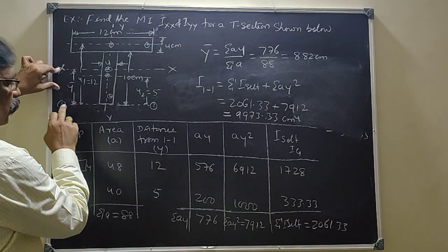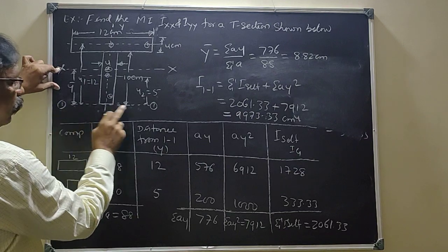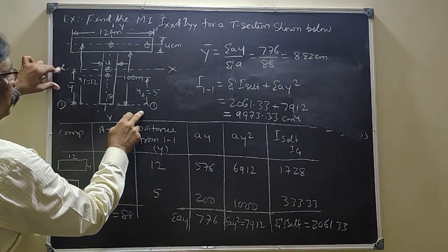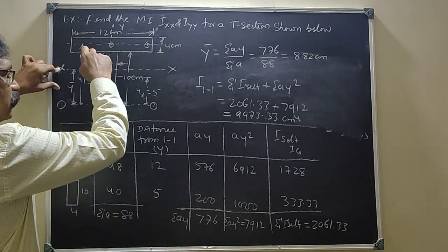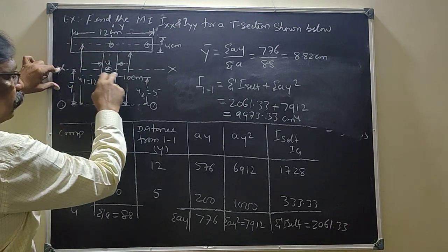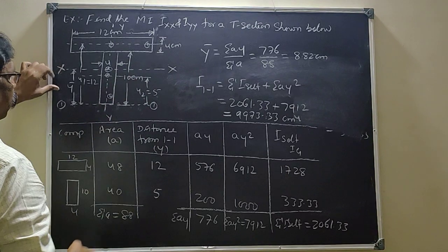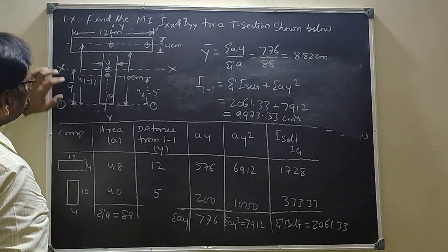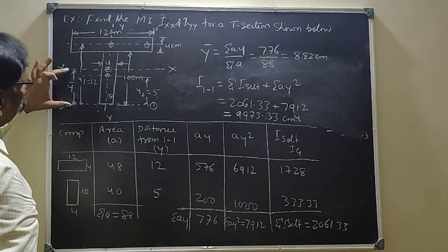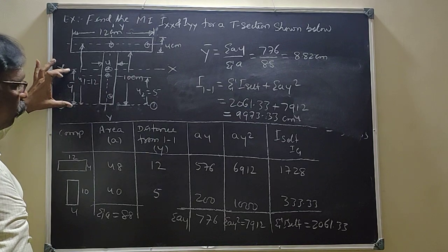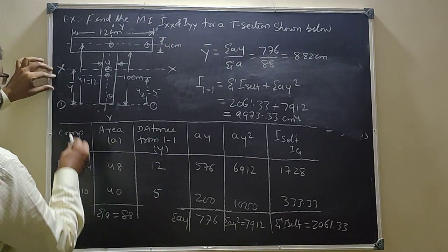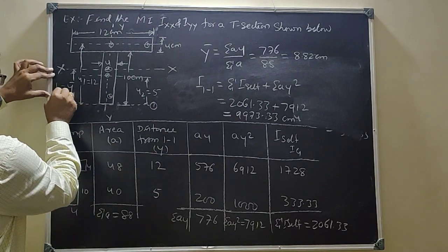Now the parallel axis theorem says that I11 is equal to the moment of inertia of the whole section plus area multiplied by the square of the distance between the reference axis and the central axis. This distance, which we said is y bar, is generally represented as h.